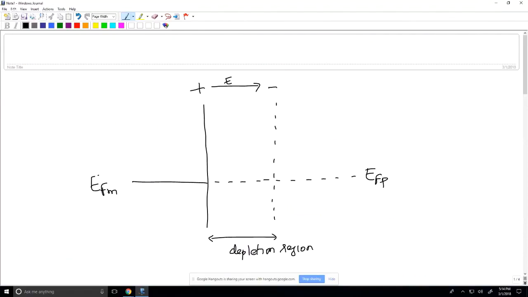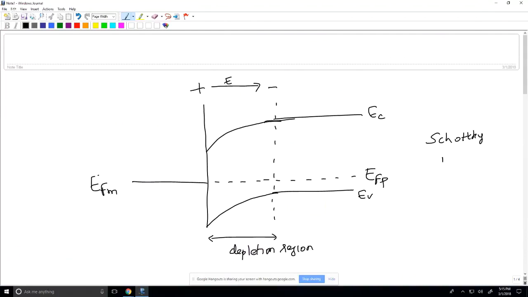Away from the depletion region, I still have my p-type semiconductor, so EC, EV, but I have a band that is bending up in the direction of the electric field. So these two will essentially join. That way, I now can look at my Schottky junction in equilibrium.